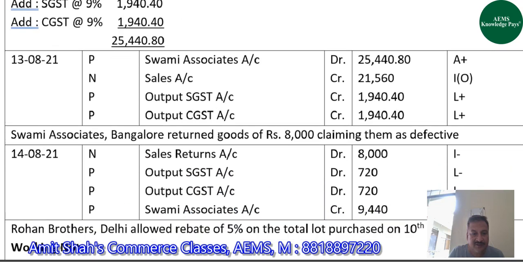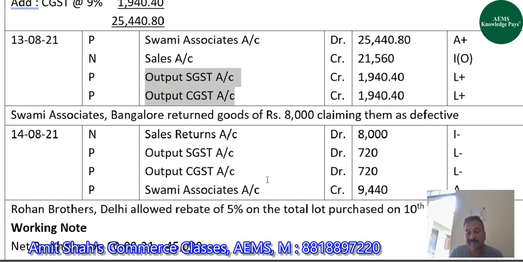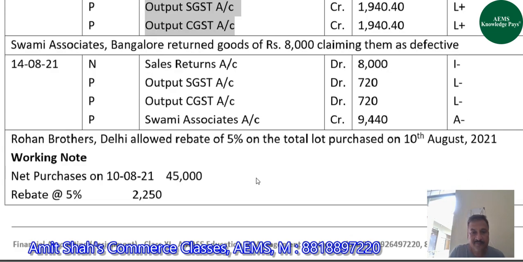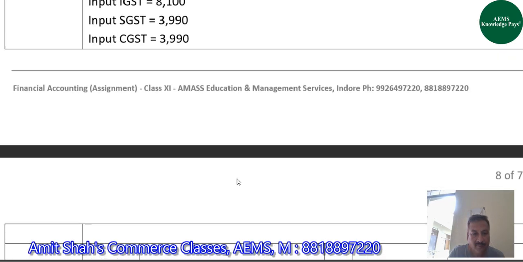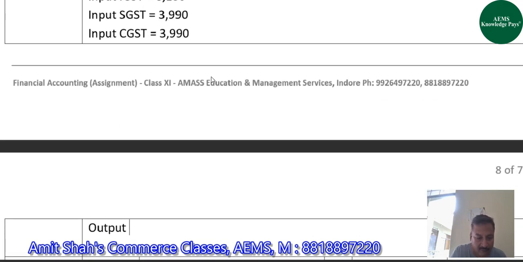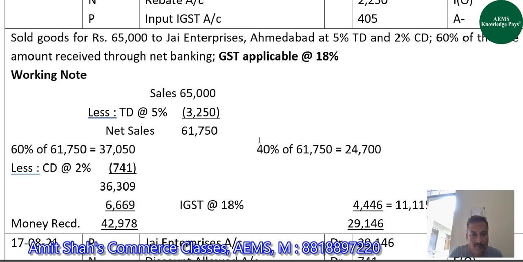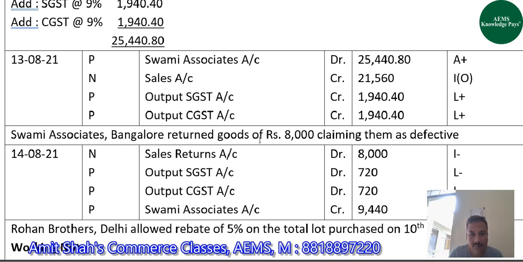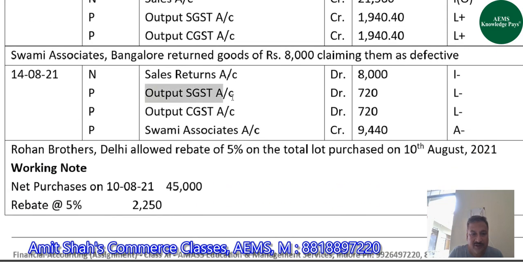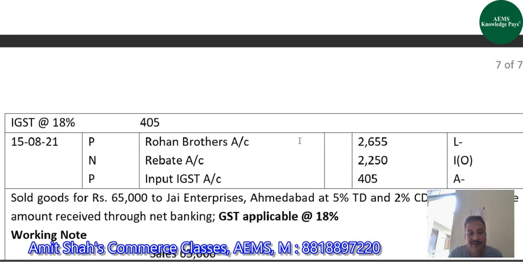After this, in the next transaction, we have output SGST and CGST of 1940.4 each. And the next one, output SGST and output CGST both are getting debited because of sales return with rupees 720 each.